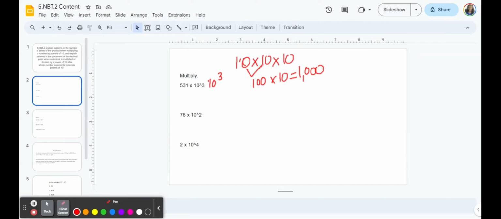Now let's set this up like we would multiply. So I'm going to do 1,000 times 531. It's just a whole lot of multiplying in this scenario. We know that 0 times 1 is 0, and we do that 3 times, and then 1 times 1 is 1.